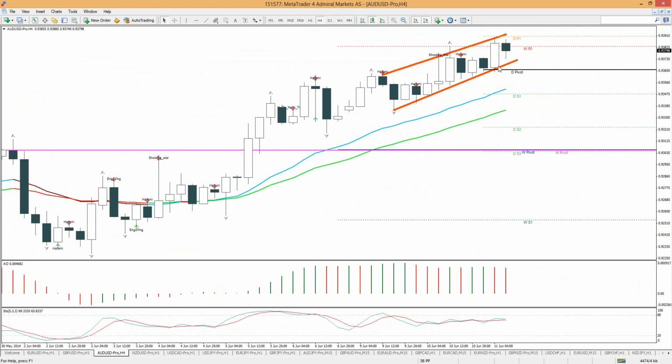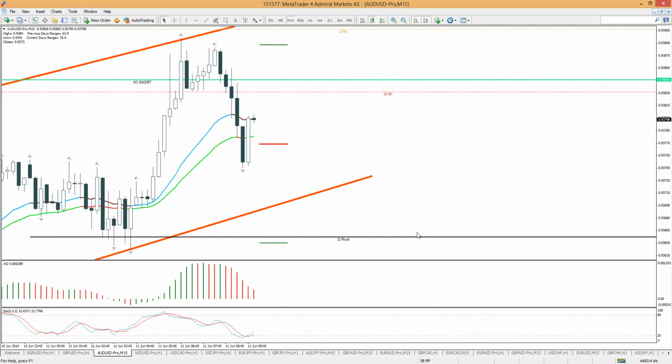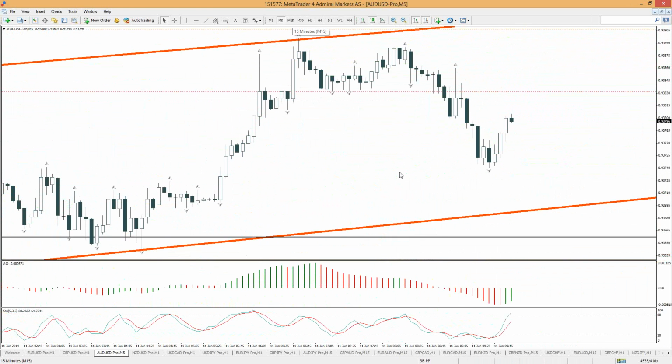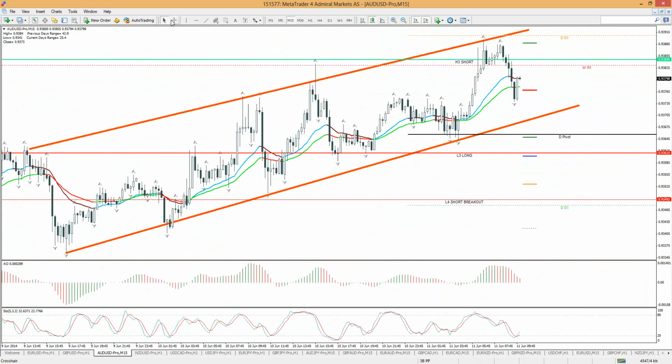Four-hour candle is getting squared up or retraced. Take a look at the 5-minute here. Yeah, we're definitely in a bullish mode, but the question is, what do we want to wait for?